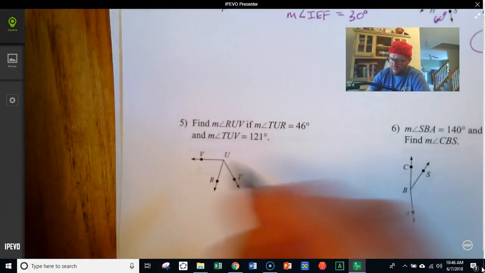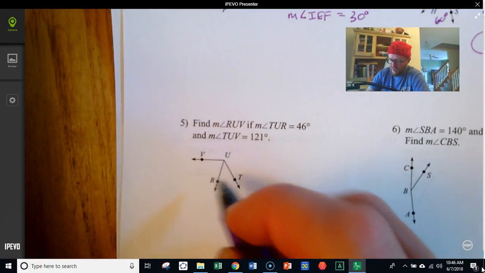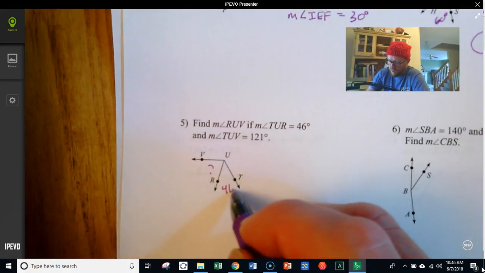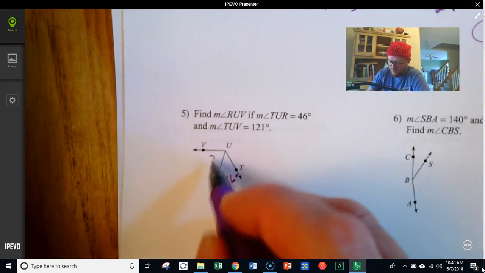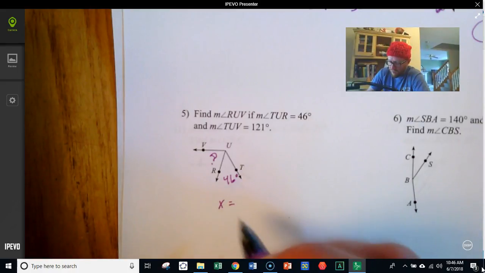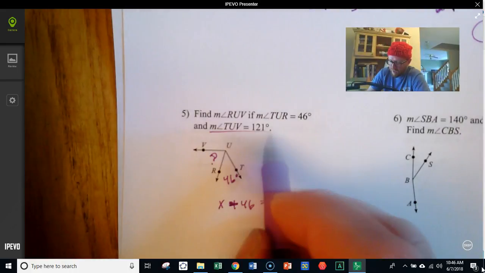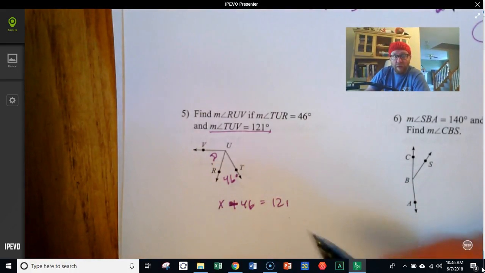Okay? Let's take a look at some more. Let's see, we have here RUV. We're trying to find that. We know that TUR is 46 degrees, so we'll call our unknown X plus 46 is going to equal a total of 121.